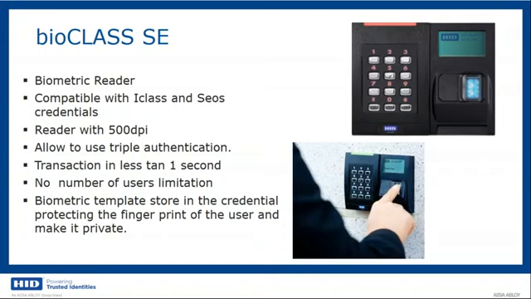That also has a meaning: we want to protect the fingerprint of the person, making it private, using the credential and storing it on it. So when someone leaves the company, for example, the only thing you have to do is destroy that credential, and with that, you will also destroy the fingerprint that is stored in it, okay?